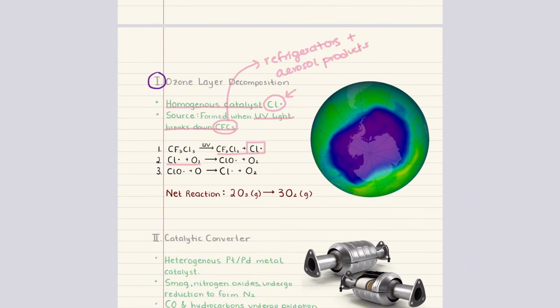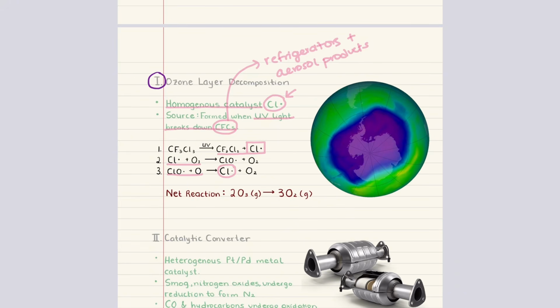In the first step, the chlorine radical reacts with ozone to form chlorine monoxide and oxygen gas. In the second step, the chlorine monoxide reacts with a free oxygen atom to regenerate the chlorine radical and produce more oxygen gas.